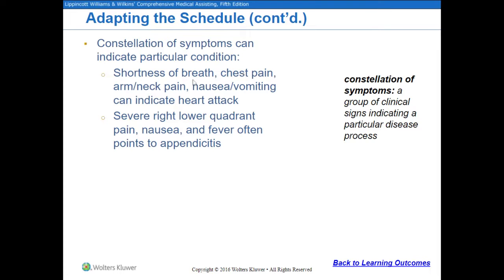But when you have it in combination with other things, that can indicate a heart attack. Severe right lower quadrant pain, nausea, and fever, that can point to appendicitis. So when you have somebody with a group of symptoms like this, that is an emergency and a person needs to be seen right away.